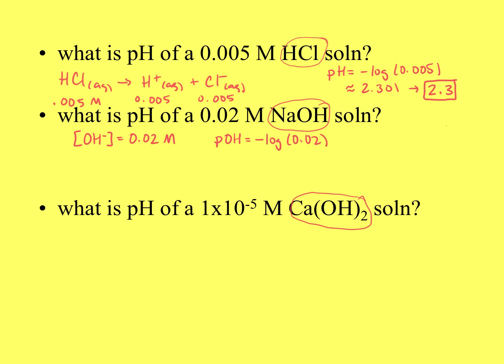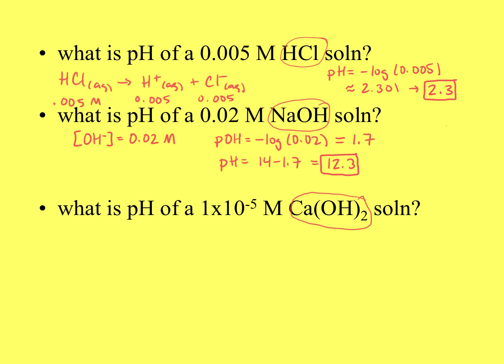We put that in the calculator and we get 1.699. But in terms of just one sig fig, that's one decimal place, so that becomes 1.7. But the question specifically asks you for the pH, so we say 14 minus 1.7, which comes out to 12.3.